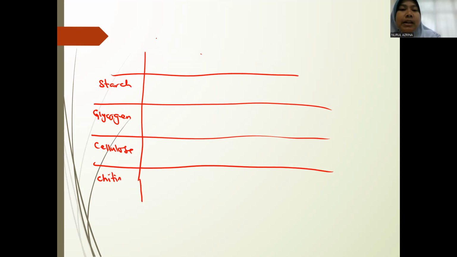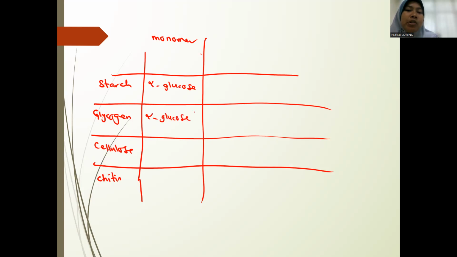Okay, first, we take the basic one, monomer. Apa bahan asas dia? Monomer. Okay, what is the monomer? Starch, the monomer is alpha glucose. Okay, glycogen, the monomer is alpha glucose. Okay, cellulose, the monomer is, bahan asas dia, nak bentuk dia adalah beta glucose.